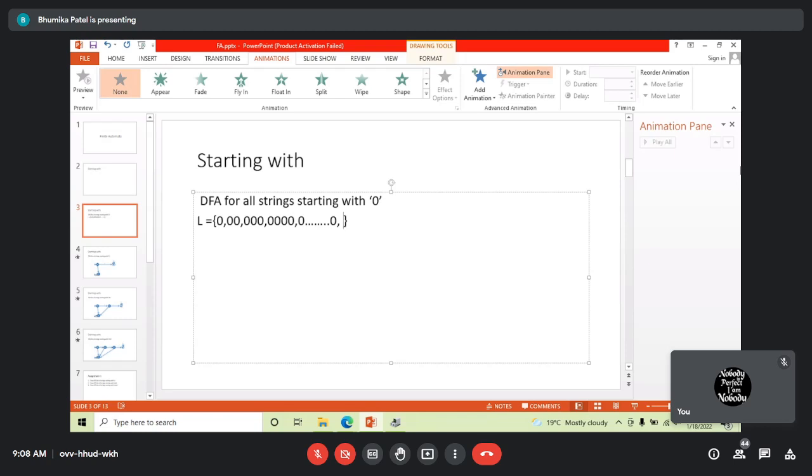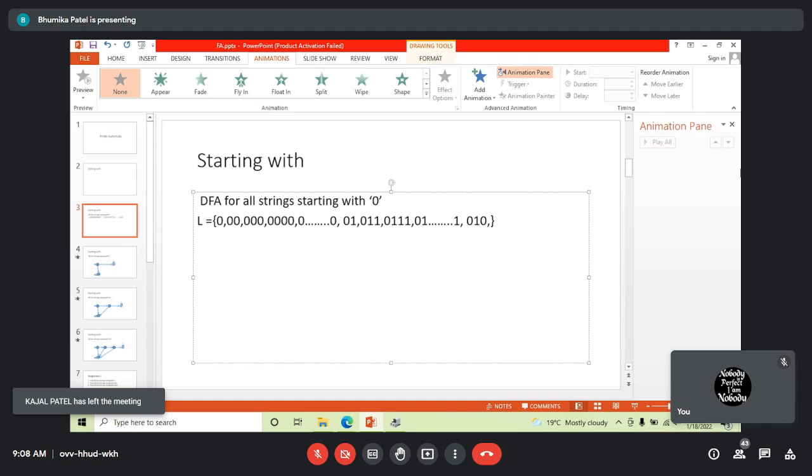Is the string 0, 1 allowed or not? Yes, ma'am. 0, 1, 1. 0 followed by 3 times 1. Any number of 1s is allowed. Similarly, if I write 0, 1, 0, is it allowed? Yes.